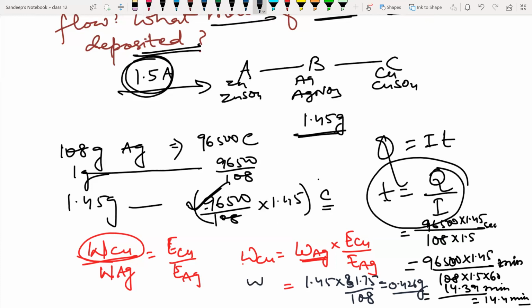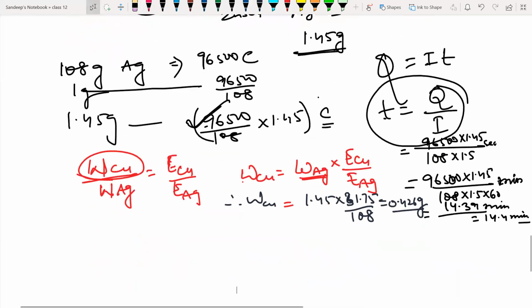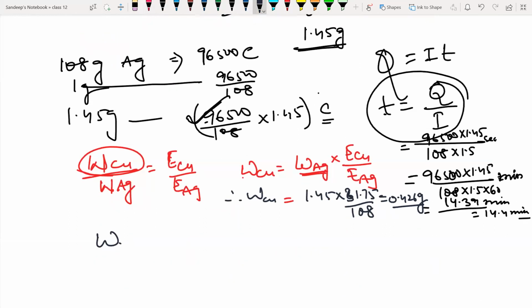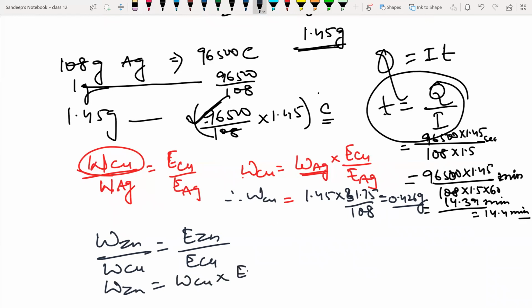So the amount of copper is 0.426 gram. Now, weight of zinc by weight of copper is equal to equivalent weight of zinc by equivalent weight of copper. So weight of zinc can easily be written as weight of copper into equivalent weight of zinc by equivalent weight of copper. So that is weight of copper, 0.426, into equivalent weight of zinc, 32.5, upon 31.75.